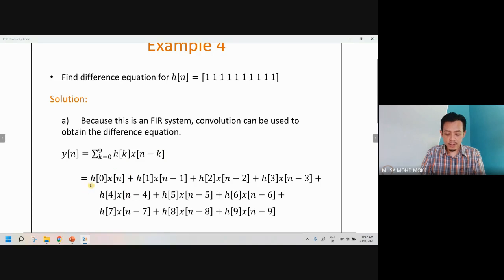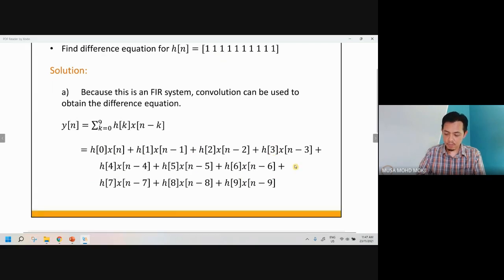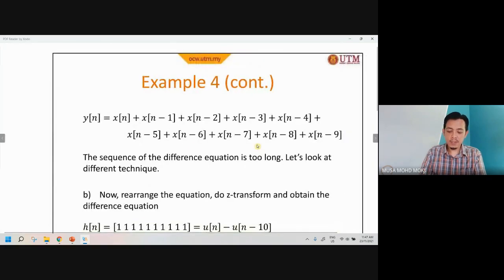We can summarize it as this one. This is H0 xn. What is H0? H0 is 1. Plus H1, this is H1, this is H2, H3 until H9. Replacing those values, everything is 1. So what we have is just xn plus xn minus 1, and you continue until xn minus 9.